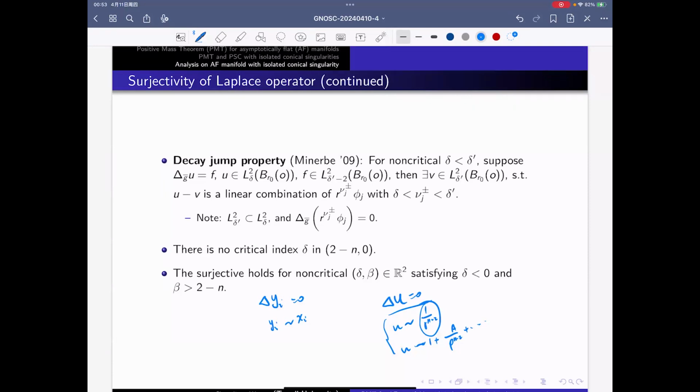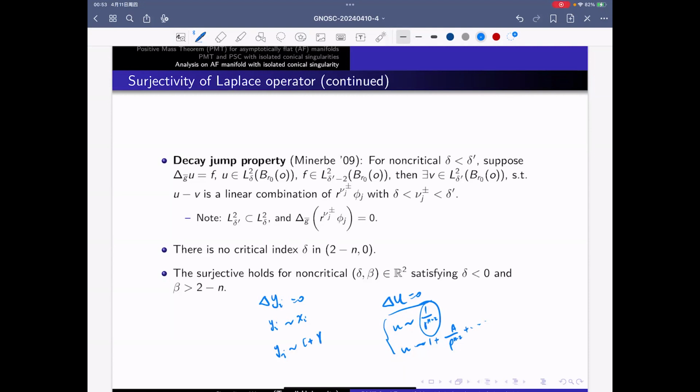So in this case, we prescribe the asymptotic behavior at the asymptotically flat end, and then we solve the harmonic function. And then we need to have some asymptotic expansion for this harmonic function near the conic singularity.